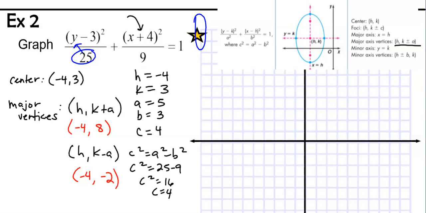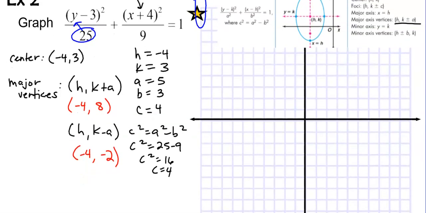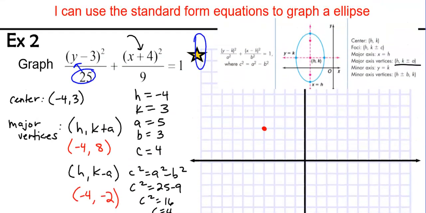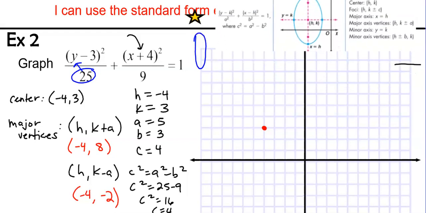And we can plot all of that stuff. So center was at -4, 3. And then we have -4, 8. Move this out of the way. And then -4, -2.